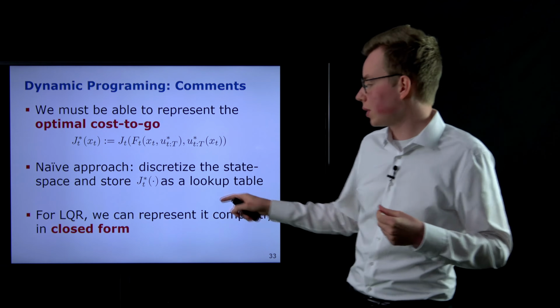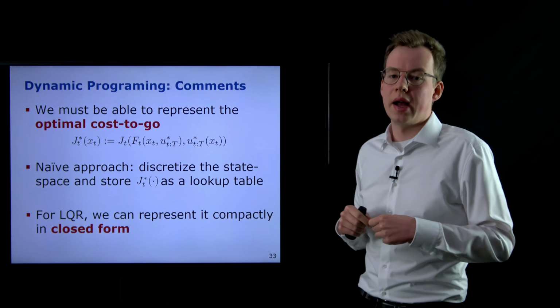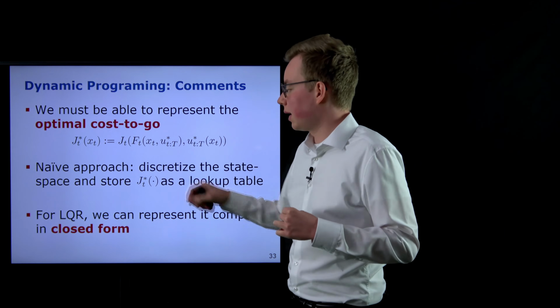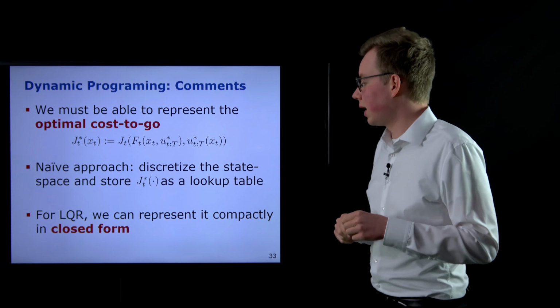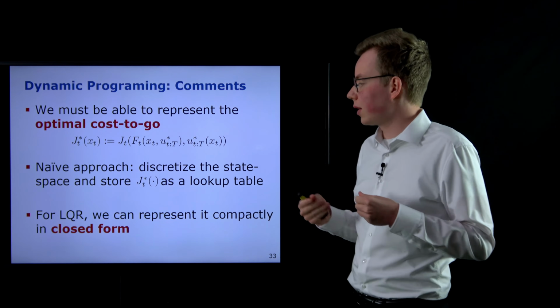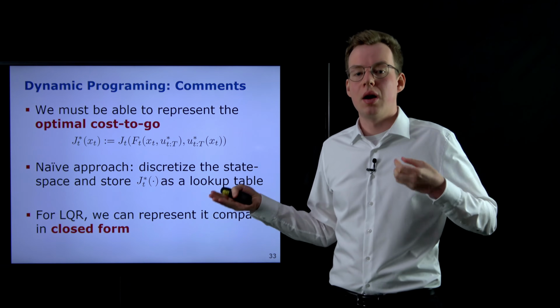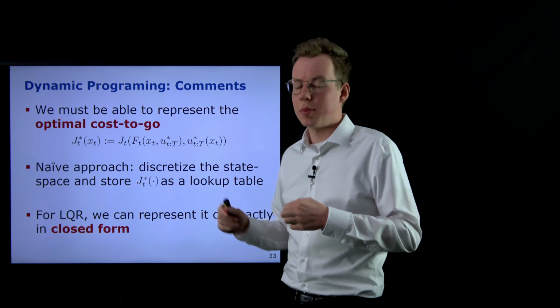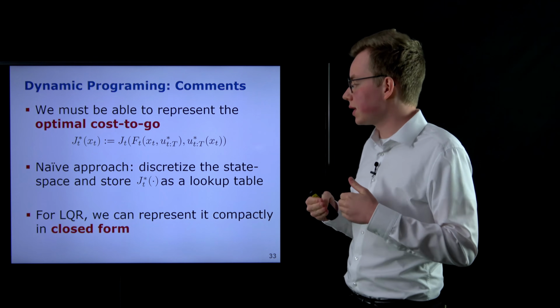When we want to evaluate this function, we just look up the value in this discretized setting. While that is in general possible, it is often a bad idea, because this approach requires you to solve an exponential number of problems in the state dimension, and you also have to make a choice about the discretization.